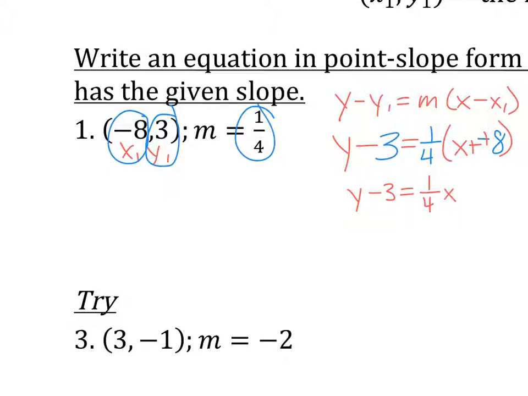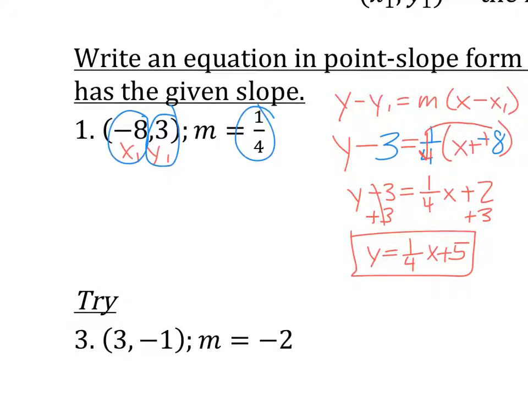And 1/4 of 8, so remember you can multiply the tops, 8 times 1 is 8, and divide by the bottom, 8 divided by 4 is just plus 2. Last step in getting it into slope-intercept is getting y by itself, so I just add 3, and it's y equals 1/4 x plus 5. That's my final answer, okay?